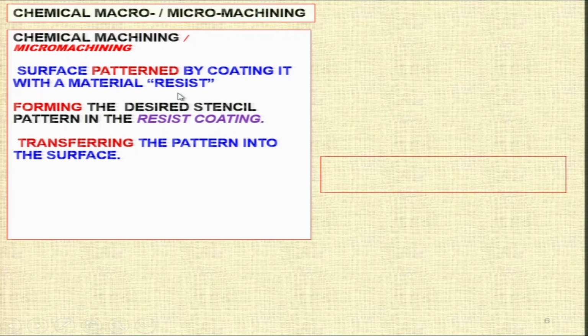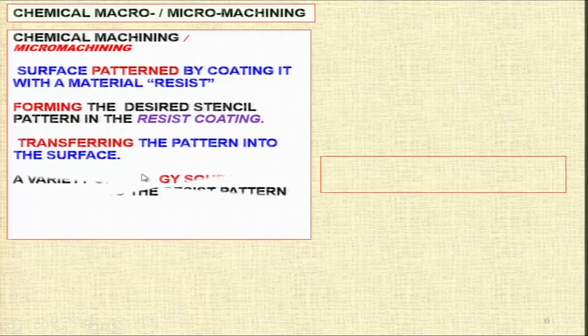This resist simply means it does not get affected by the agent, transferring the pattern into the surface. Whatever pattern you want to create, micro, nano or macro feature on the surface, that pattern has to be transferred on the surface of the component to be machined.